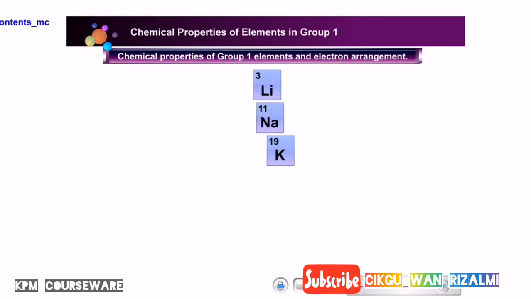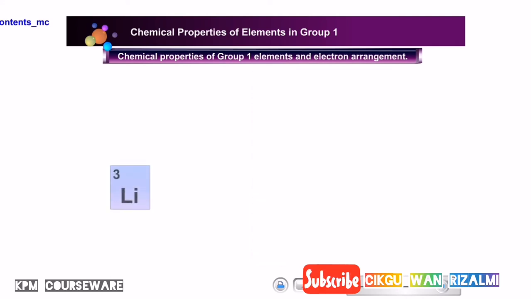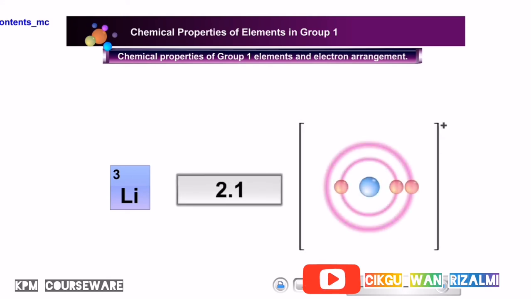If we draw the electron arrangement for each element, we can see that these elements have one electron in their outermost shell. Lithium, for example, has a proton number of 3. Therefore, it will have 2 electrons in its inner shell and 1 electron in its outer shell.